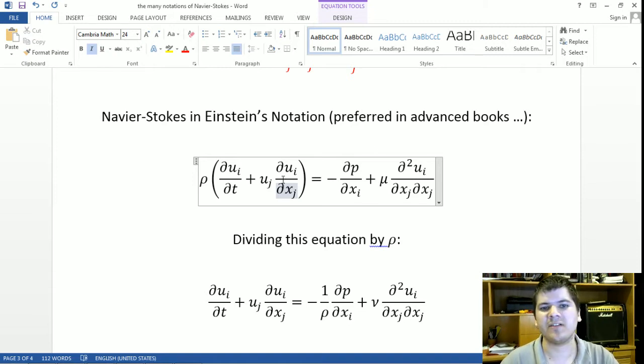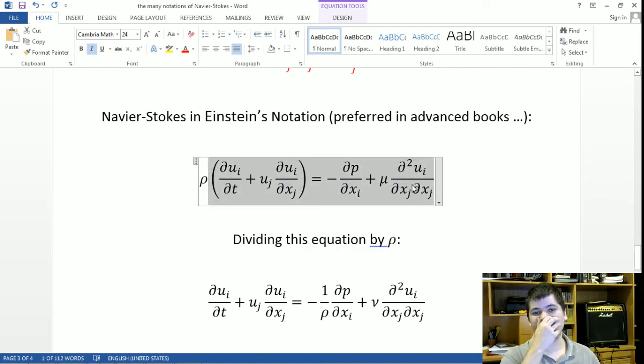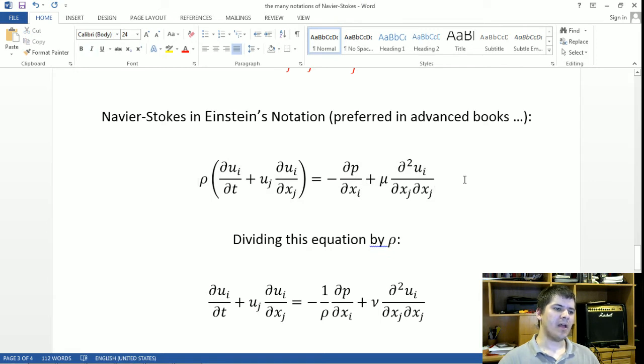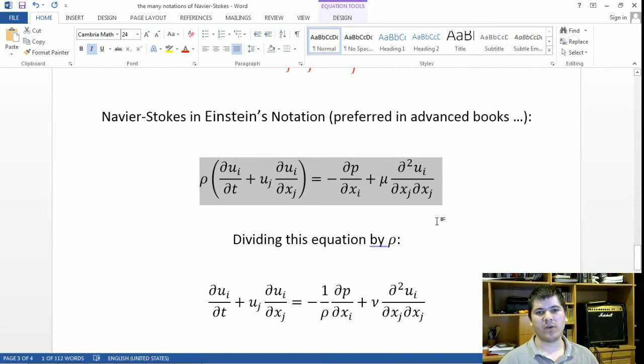So many doubts arise with this form of the Navier-Stokes equation in particular. I myself found it pretty difficult to understand when I first saw it, so I've done some tricks to make it easier for me to understand this notation, which I will talk about now.